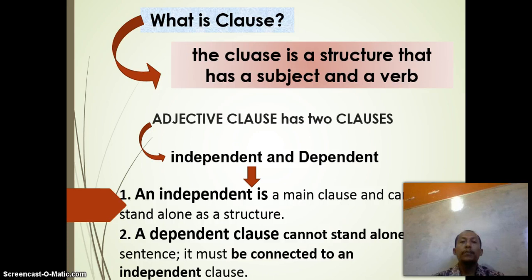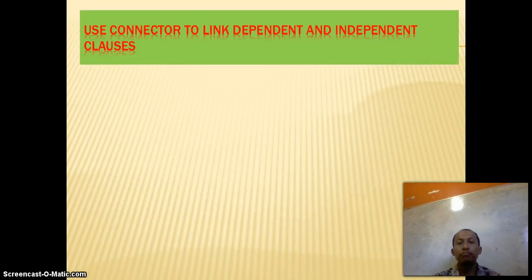So a main clause can stand alone, but a dependent clause cannot stand alone. It has connectors. What connectors do we have to know?